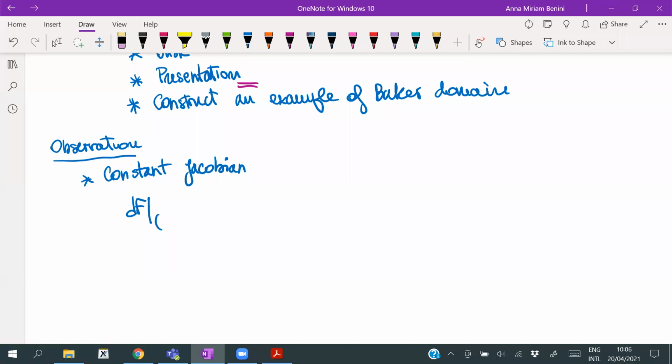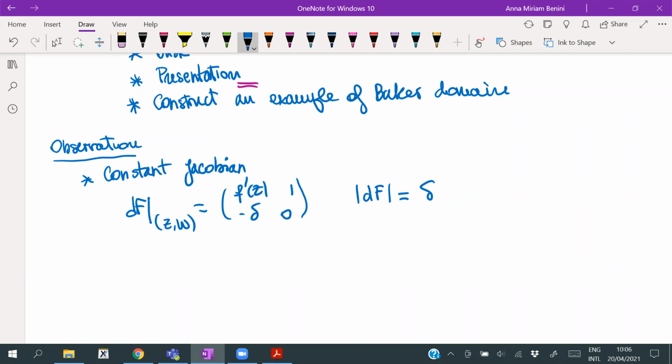You compute it, and it's f prime of z, minus delta, 1, 0. When you take the modulus of this matrix, the determinant of dF, it becomes constant. This is just delta. You often indicate it by the modulus of the differential or the determinant, as you like. You just do your computation and it turns out that it's delta.